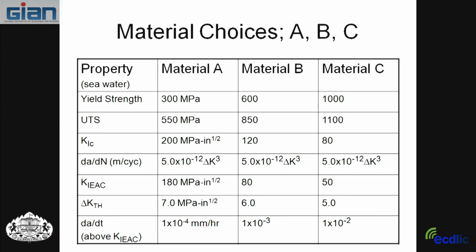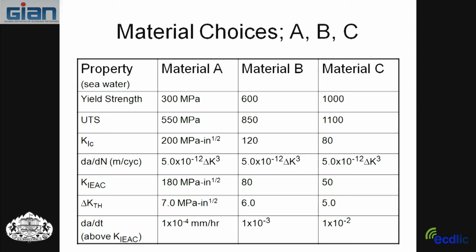Oh well, here are the material properties. 3 materials to look at. Material A was a fairly low strength material, 300 MPa yield. Material C was higher strength, ultimate tensile strength. So as the strength goes up, K1C goes down. So it went from a really high K1C to a fairly low K1C. Crack growth rate is the same all the way across.